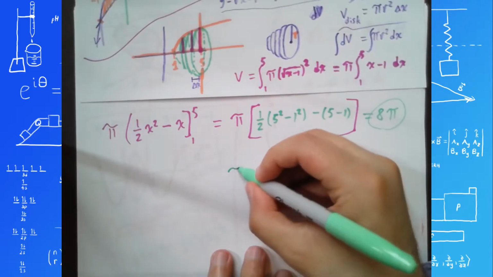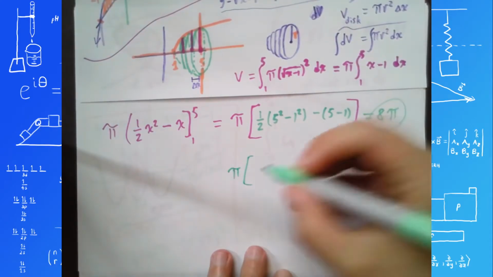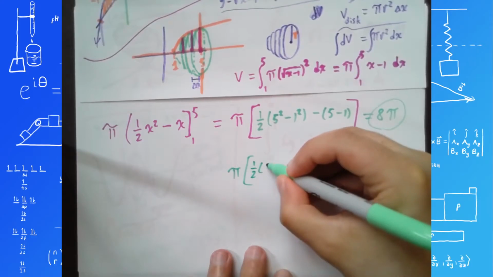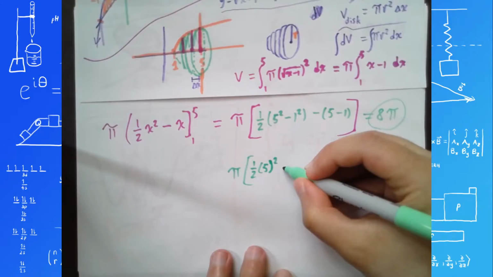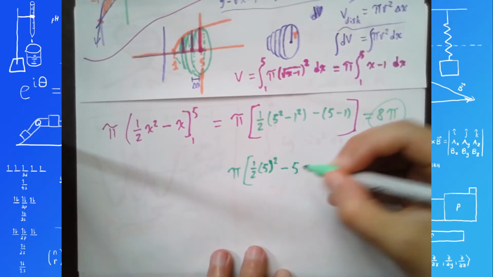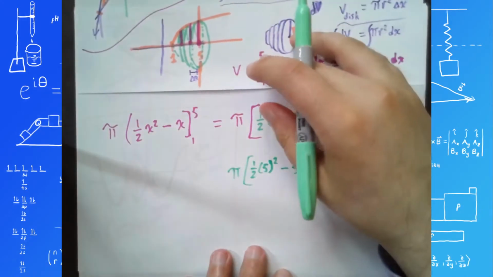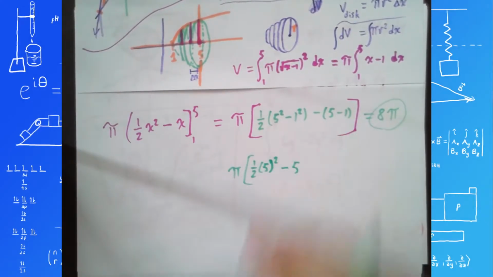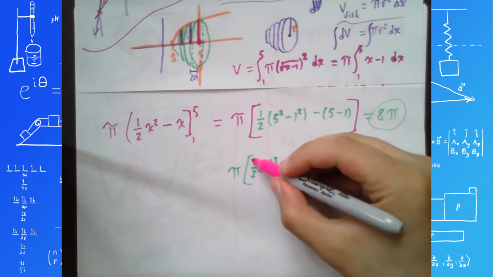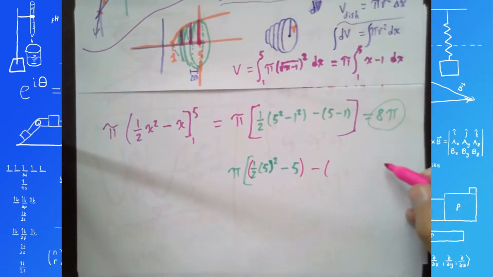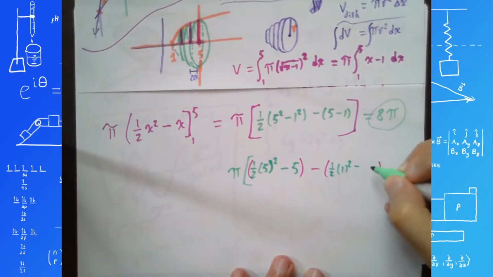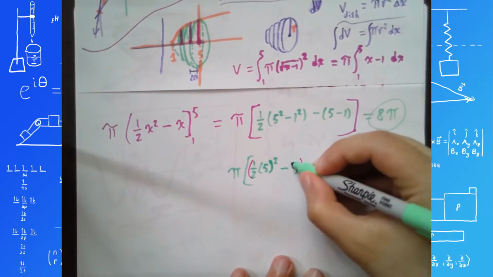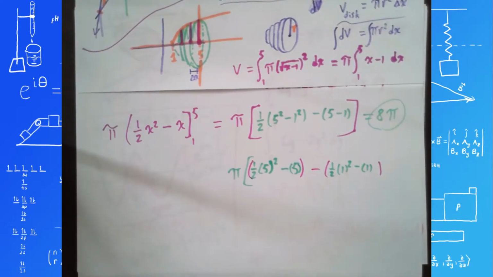Normally, what we would do is pi times, and then in the brackets we would do 1/2 5 squared minus 5, right? 1/2 x squared minus x, and then that minus 1/2 1 squared minus 1. I guess I should put parentheses around that 5 there.